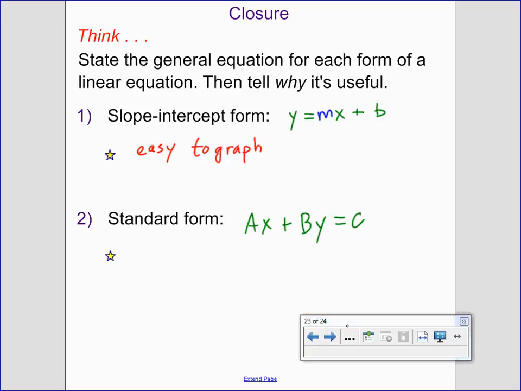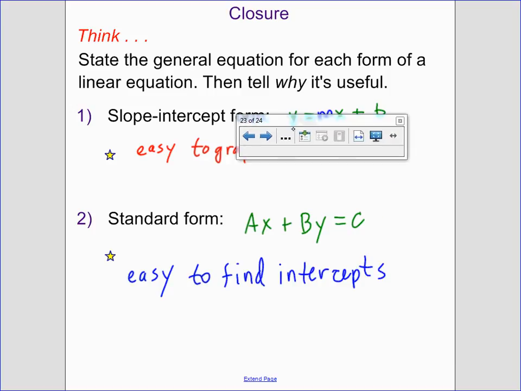Yeah, absolutely. Standard form is the easiest form to find the x-intercept and y-intercept. And so it's easy to sketch quick graphs using x, y intercepts. I'm going to put easy to find intercepts. Or to model linear combination situations.